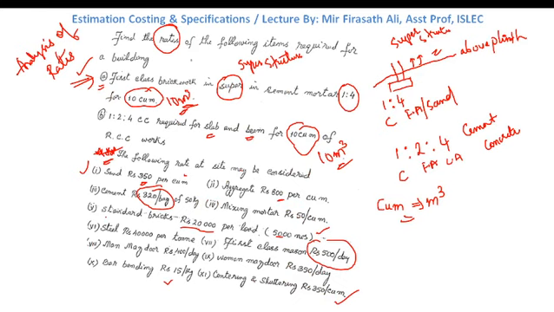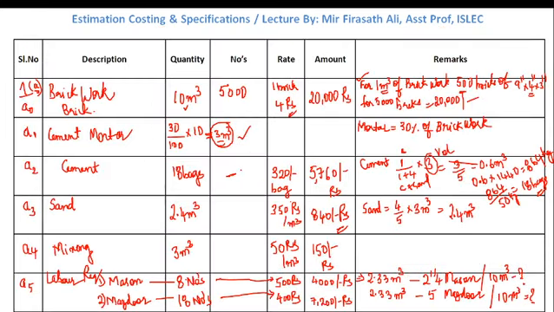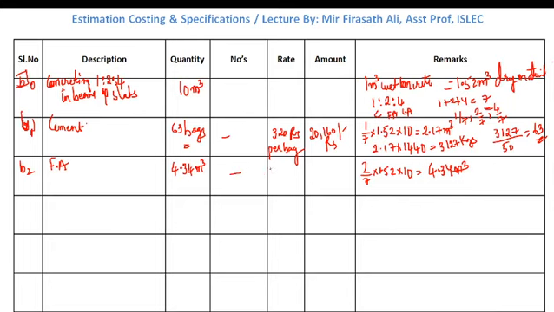What is it? 350 rupees per meter cube. Multiply 4.34 into 350. The value will be 1520 rupees.